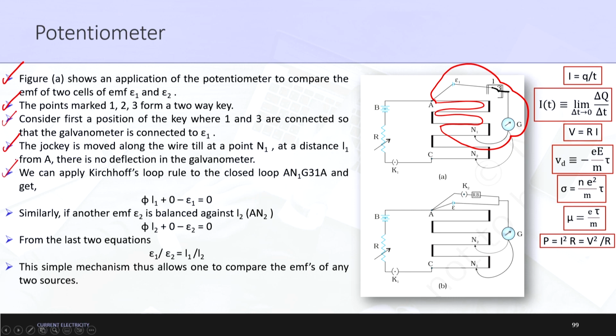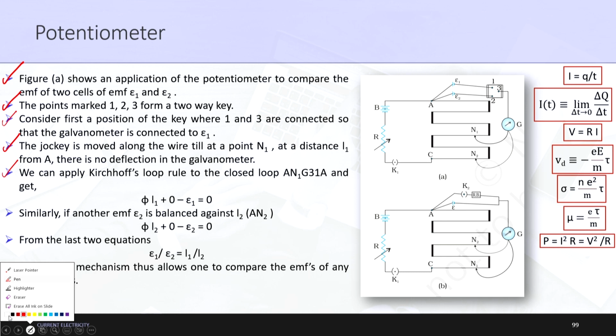Next, similarly, if another EMF epsilon 2 is balanced against L2, that is A N2, then this can happen. Let me again explain what is happening in this portion. They are just changing the signs here. Let us suppose there is nothing like this portion here; we are just connecting these two portions now. So let us make the line again.